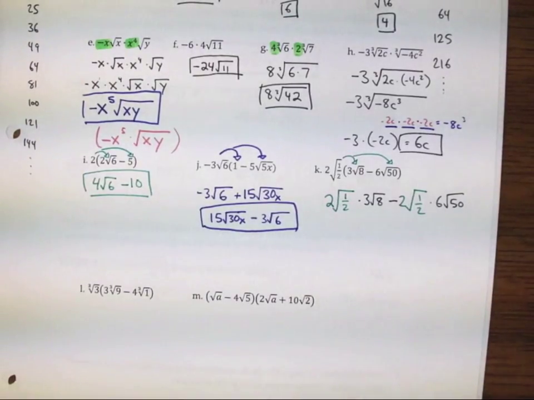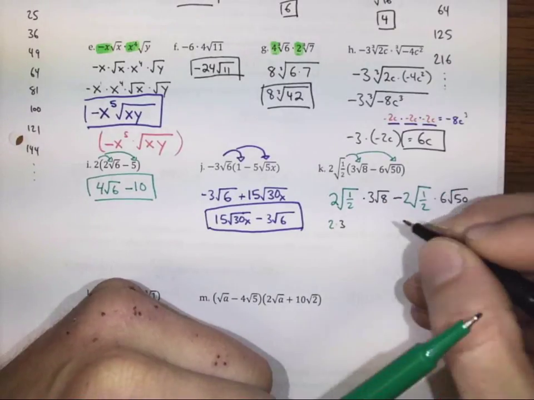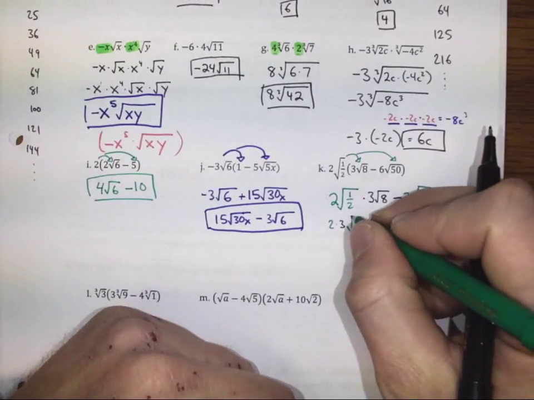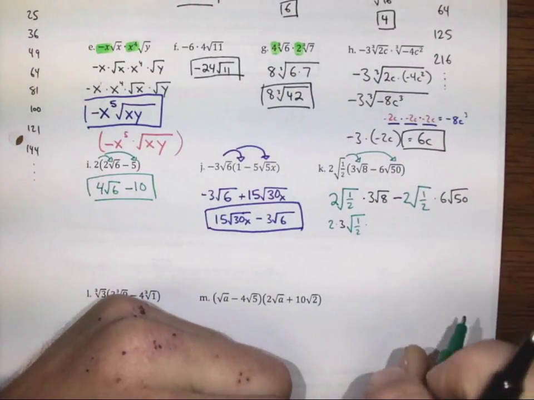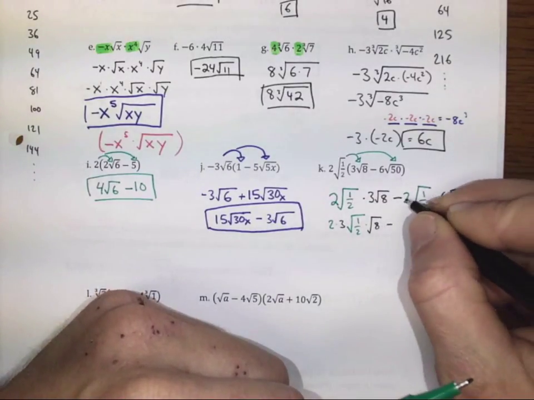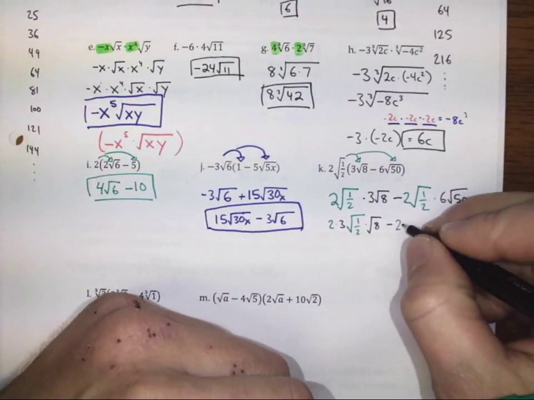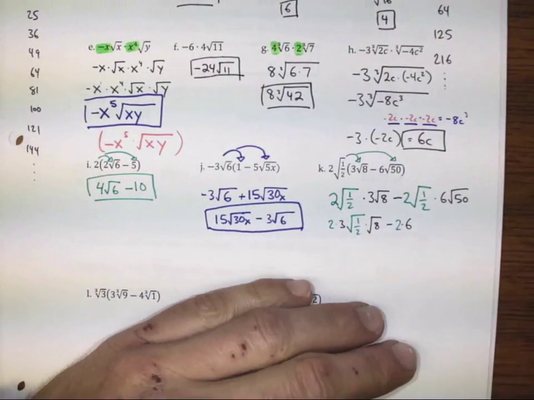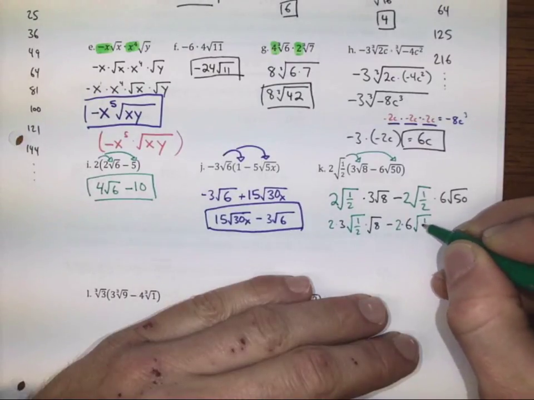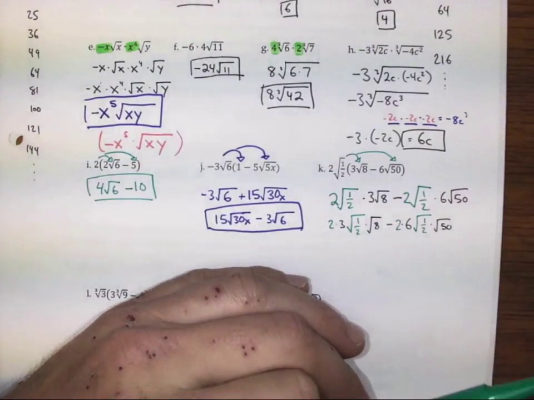Okay. Now, I think I'm also going to rearrange the coefficients so they're next to each other. So I'll do 2 times 3. And we'll multiply root 1/2 times root 8. And we've got 2 times 6, I'll just write them right now, 2 times 6. And root 1/2 times root 50.